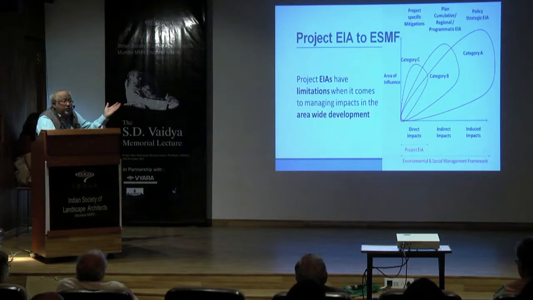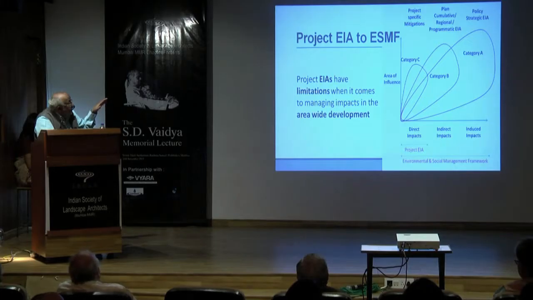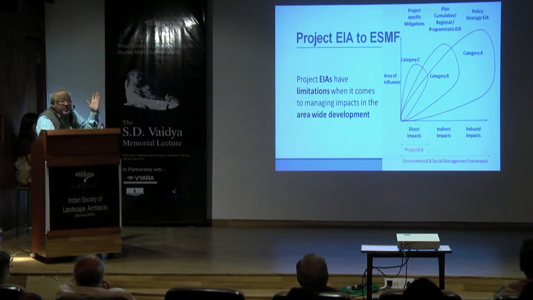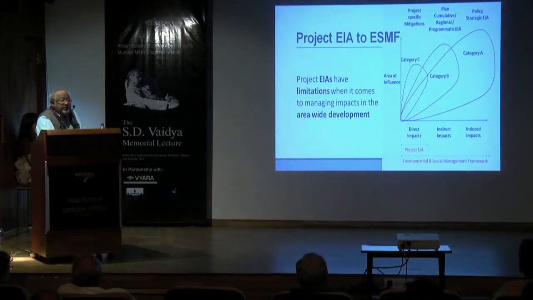And the way that I would intervene on those ENS issues, on the top if you see, in the normal case of a project EIA, I would limit to project-specific mitigations. So I will have a road project, I'll build a noise barrier, as an example. But then if I am in a zone for a category B project, meaning more sensitive than category C, then I must have a good plan in place.